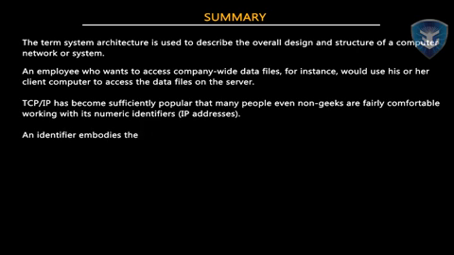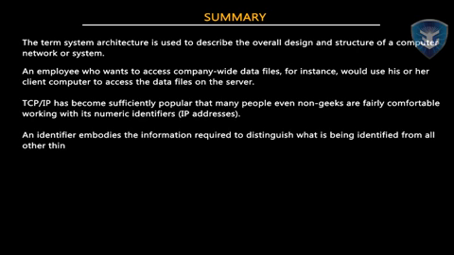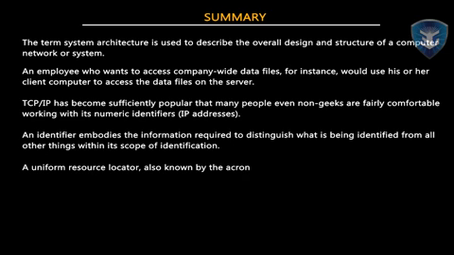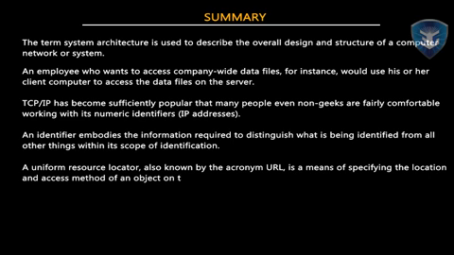An identifier embodies the information required to distinguish what is being identified from all other things within its scope of identification. A uniform resource locator, known by the acronym URL, is a means of specifying the location and access method of an object on the Internet.